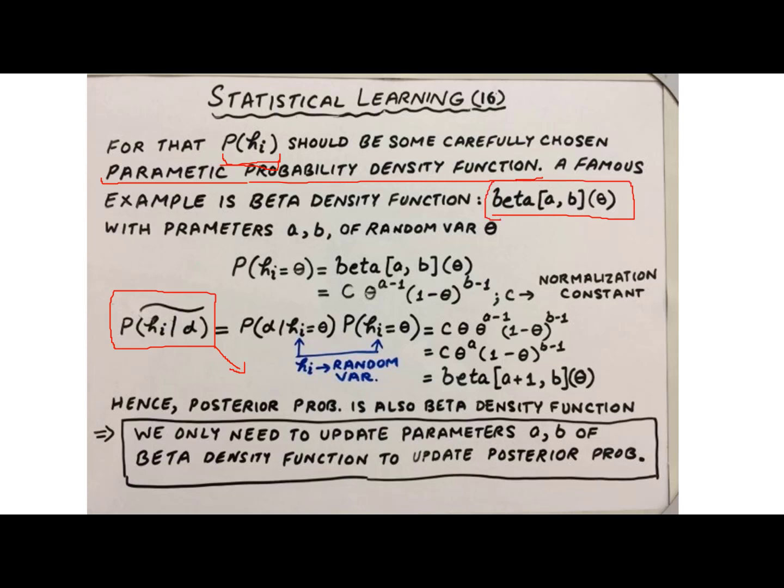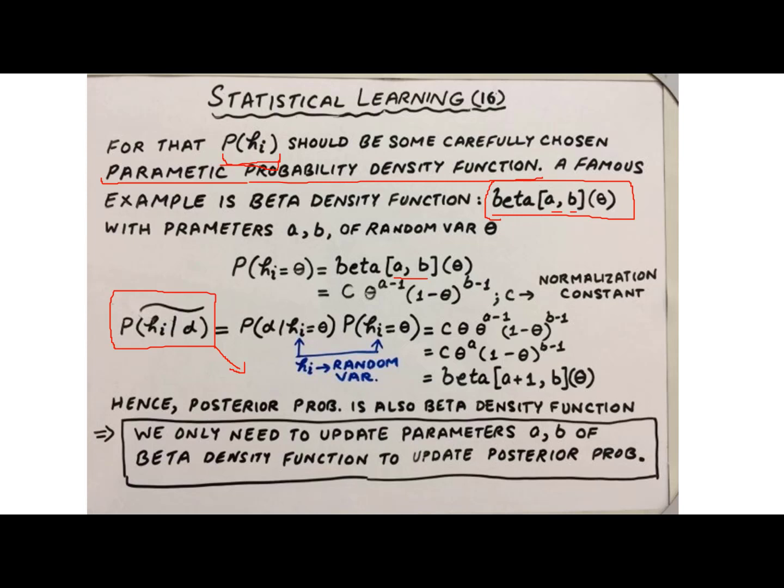So the beta probability distribution has two parameters, a and b, and those parameters are used to give different shapes of the beta distribution. So the beta distribution is a parametric distribution, and changing the values of these parameters gives you different probability density functions.